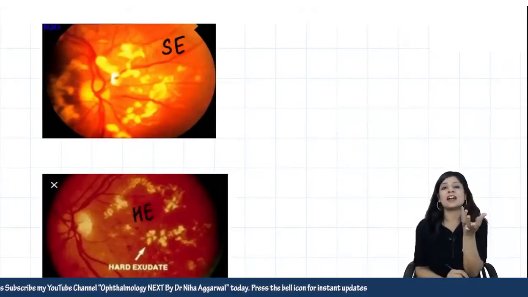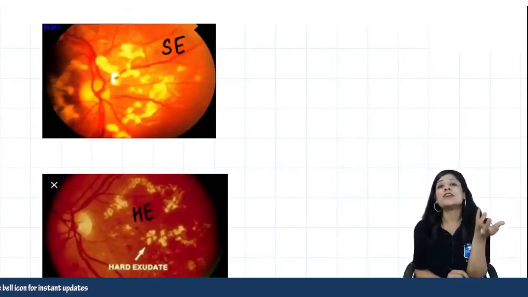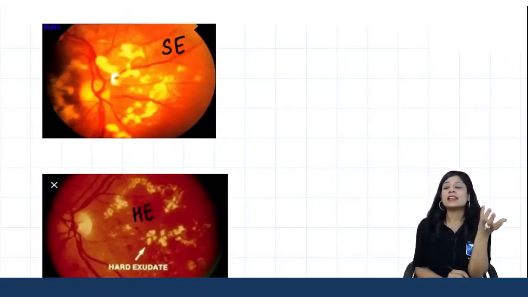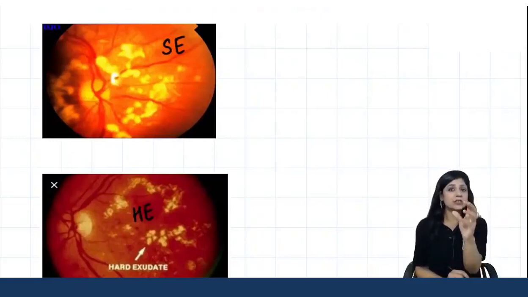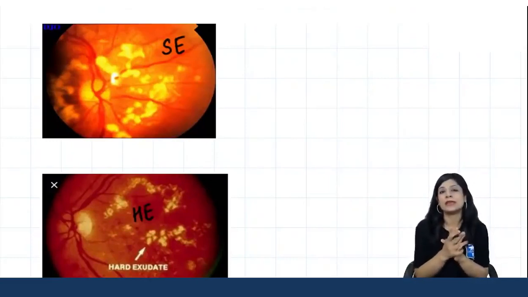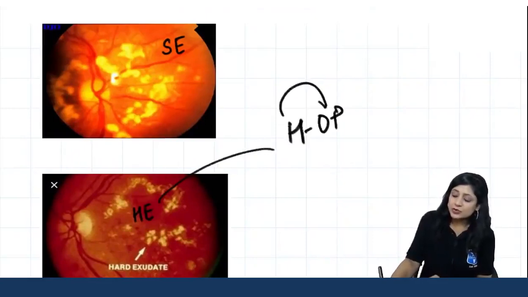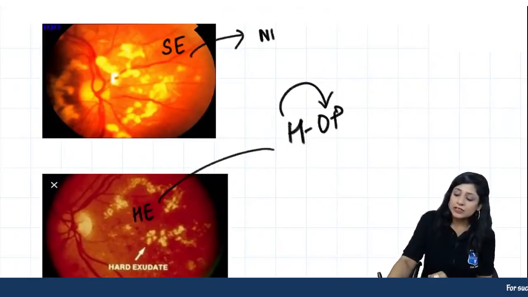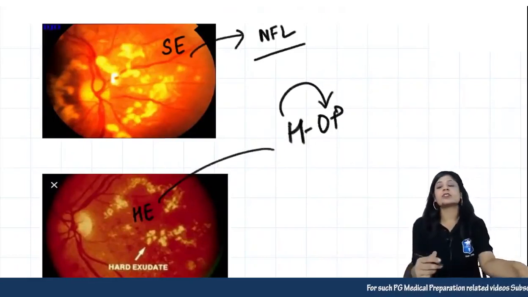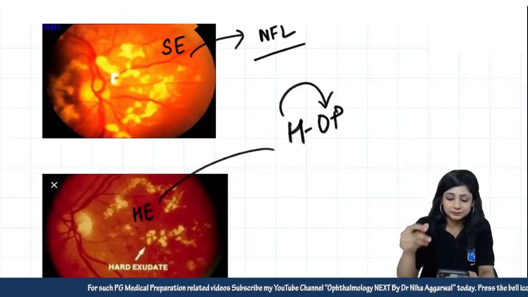They are very, very large, fluffy. इसीलिए इनको cotton wool spots कहते हैं. They are the nerve fiber deposits. While in cases of hard exudates, they are smaller, darker in color. These are the lipid or lipoprotein deposits which are present in your outer plexiform layer. You can remember it by HOP. That means hard exudates in the outer plexiform layer, while the soft exudates are found in the nerve fiber layer. So this is how you differentiate between soft exudates and hard exudates.